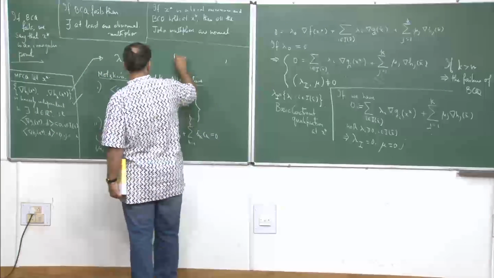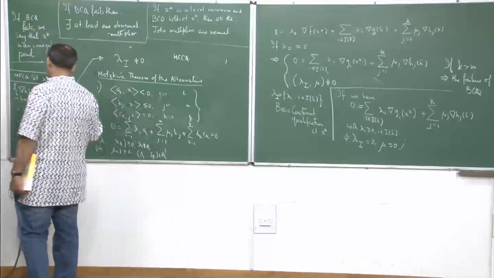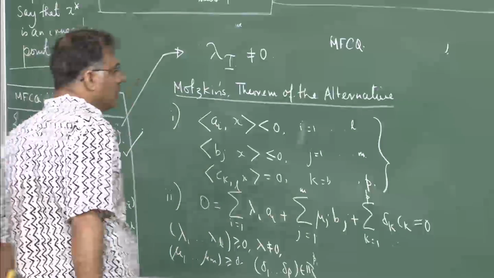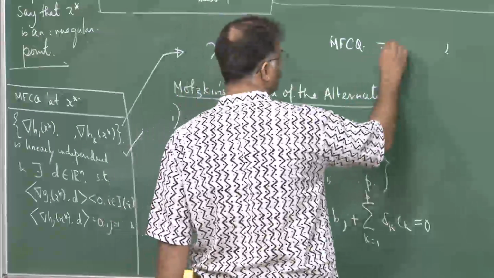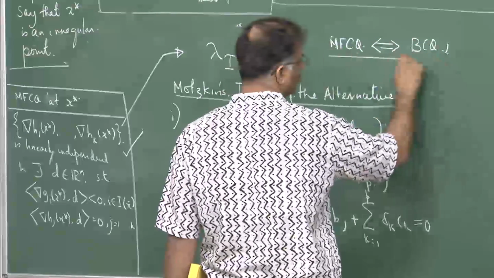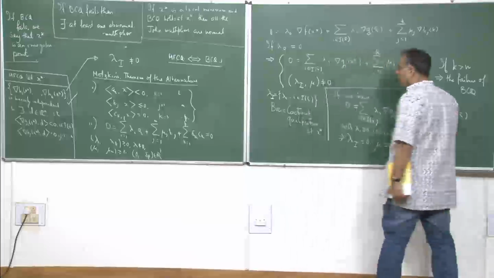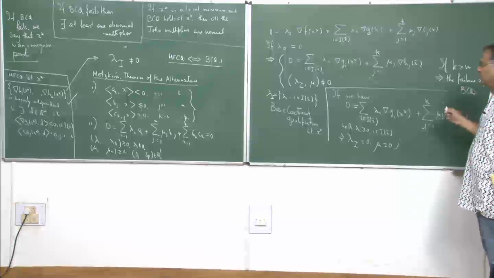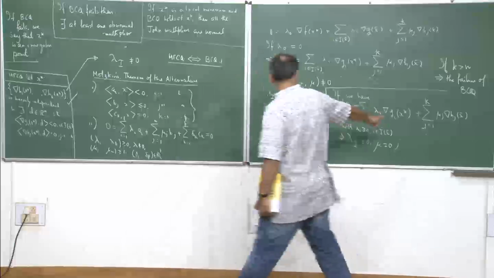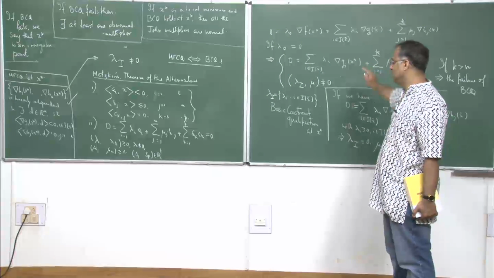So, what we have shown is that if this is assumed, this is a part of MFCQ, in fact, so if MFCQ holds, all these hold, this will be true, this cannot have a solution, right.